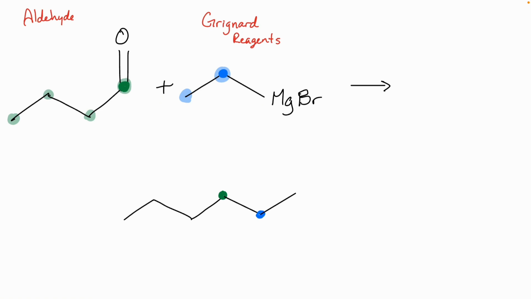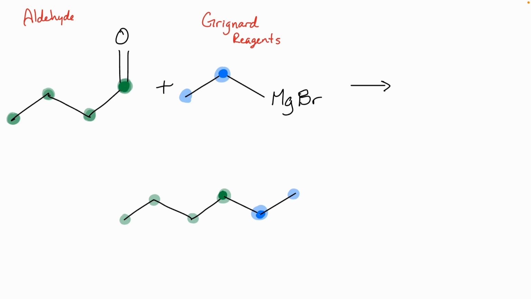Just looking at the carbon backbone, let's convince ourselves that our 1, 2, 3, 4 carbons from our aldehyde and our 1, 2 carbons from our Grignard have made their way into the product, and I've connected those 2 carbons we were talking about, the green and the blue.